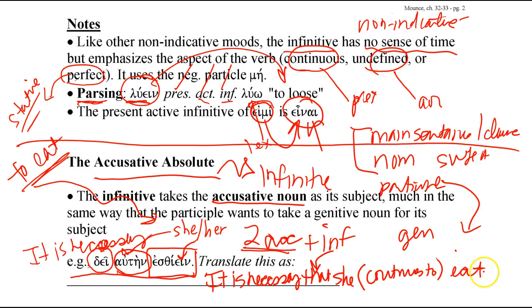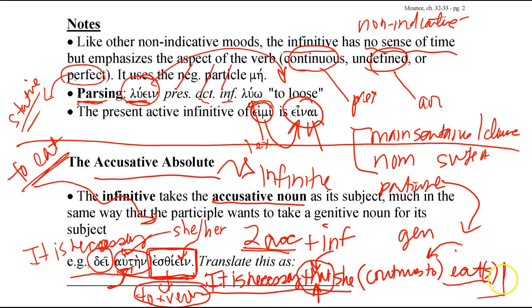Or it is necessary that she eats. The idea, the meaning is that because it's a present infinitive, it has a continuous sense. So you could translate this as it is necessary that she continues to eat. And that makes much more sense than it is necessary to eat her.